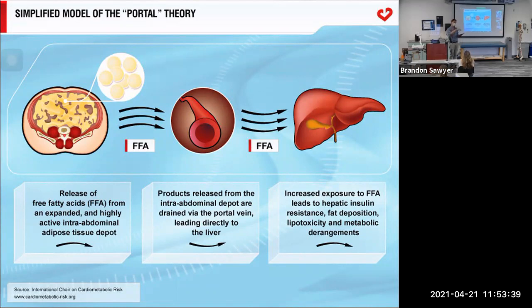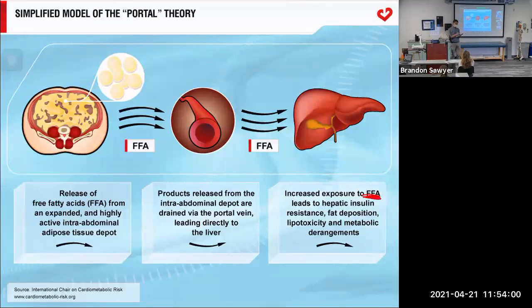And it's dumping all those nutrients into the liver because the liver is responsible for processing a lot of our nutrients. And so one of our biggest visceral fat depots is sitting right next to our portal vein, pretty much. And that's one of the most likely places for us to build up visceral fat. And visceral fat's very active and it's constantly releasing free fatty acids into the blood.